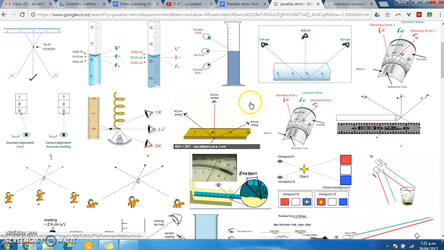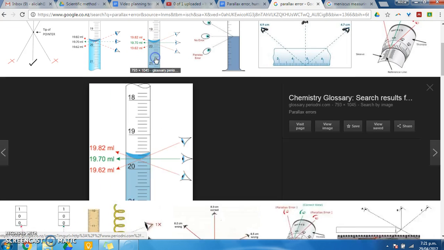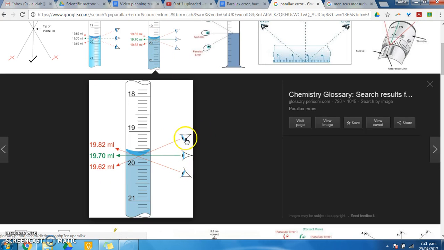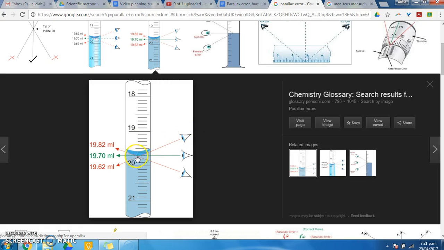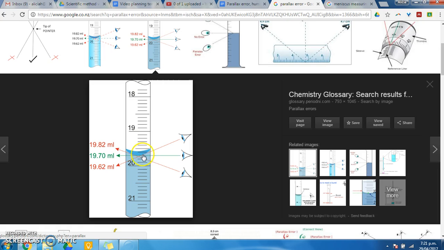If I show you a different image, we can see this one here, for example. When the person is standing up and looking down on the base of the meniscus, which is this lowest part here, they see the level as being at 19.62 millilitres.